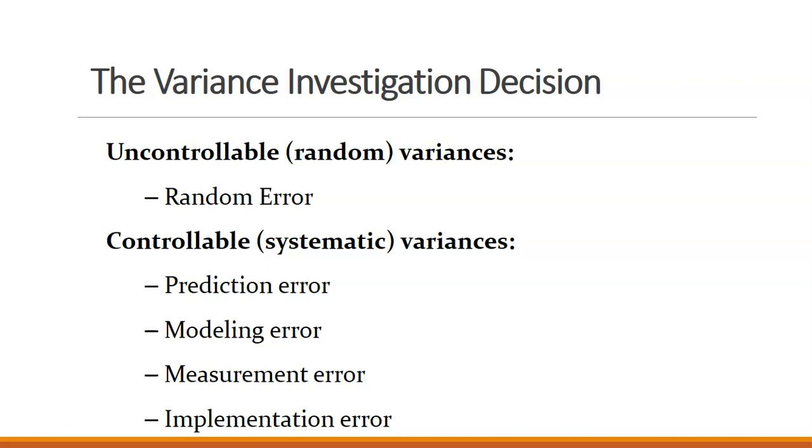Was there some kind of budgetary slack that was built in that created a greater variance? All of those are controllable variances, or variances that can be looked at that were caused by operational issues or management issues that can be corrected.